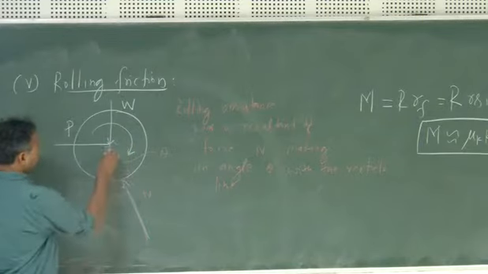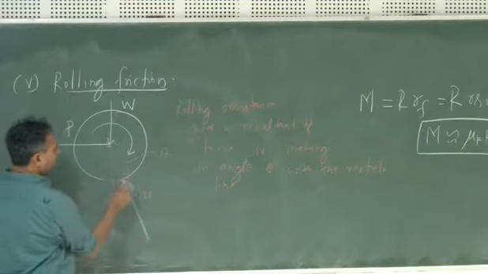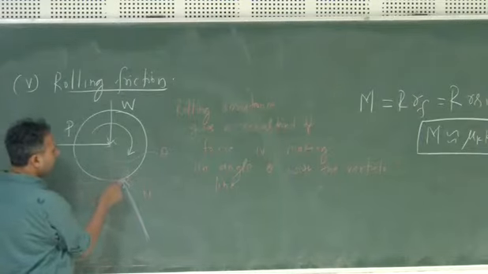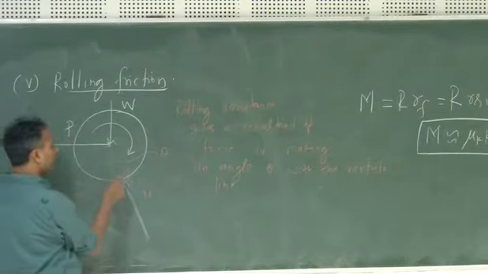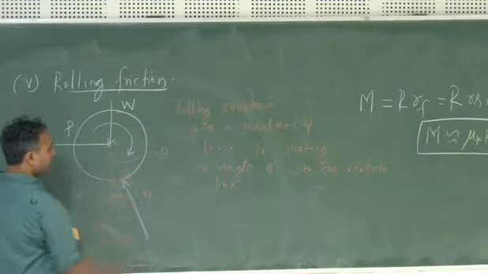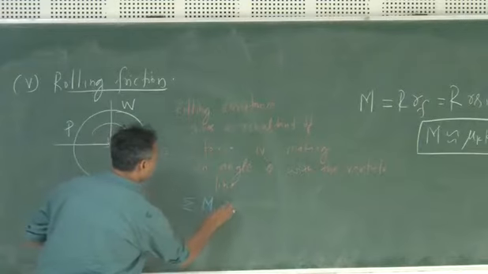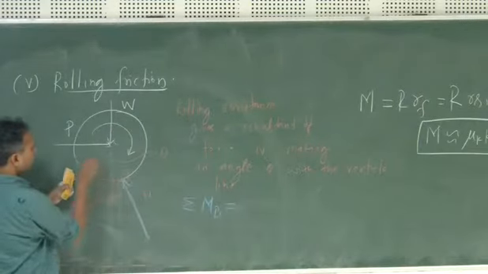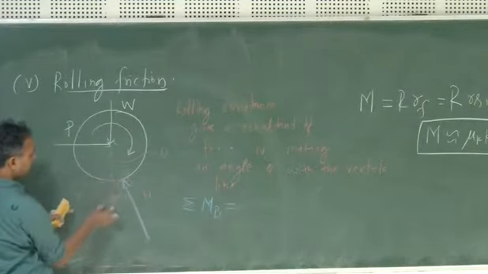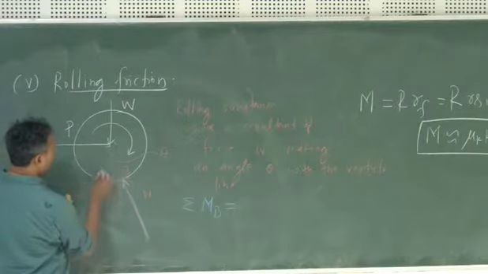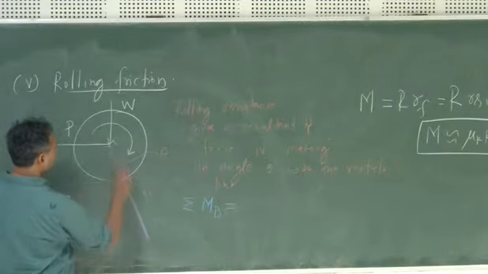Now, to roll this particular thing, we have to find the moment about this new contact point, or the line of action of this resultant N. So if we find the moment about B, what will happen? Let us assume this horizontal distance is A, and this is your R. What will be this particular thing?